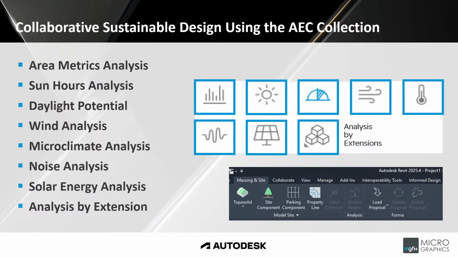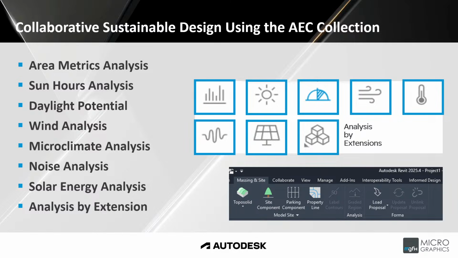The different types of analyses that you can run within Forma: you have area metrics, sun hour analysis, daylight potential, wind analysis, microclimate analysis, noise analysis, solar energy analysis, and then additional analyses by extension.